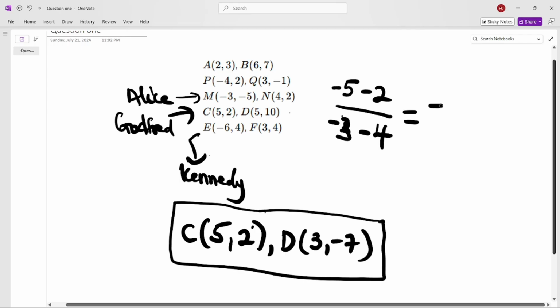So the top will give you negative 7, right? Yes, please. Over what? Negative 3 minus 4 is negative 7. Okay, the answer is 1. I made a mistake. Okay, sorry. Okay, Godfrey, what do you have?